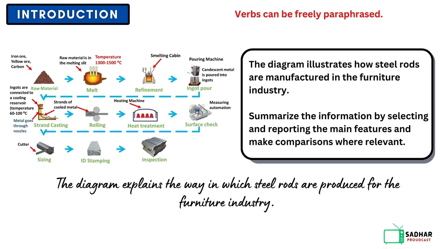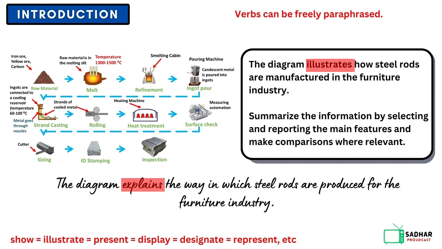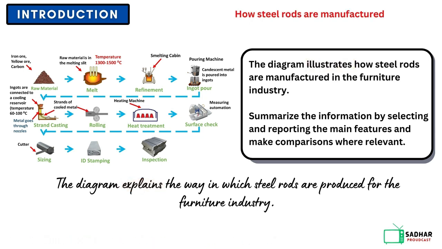The next one, we can paraphrase the verbs. Verbs can be freely paraphrased. We have illustrates, and it is paraphrased into explains. Of course, you can use other words such as show, illustrate, present, display, designate, represent, etc. The next one, how steel rods are manufactured.